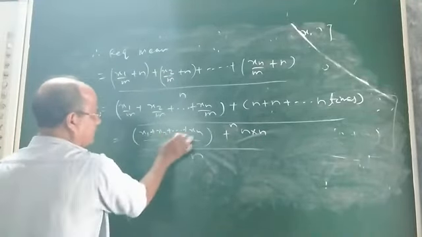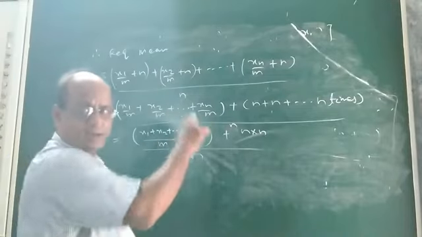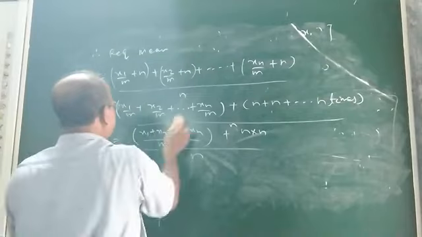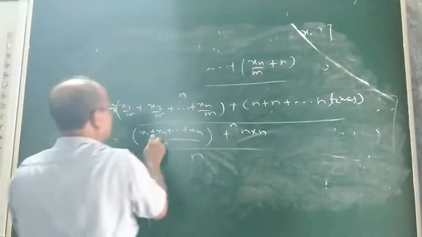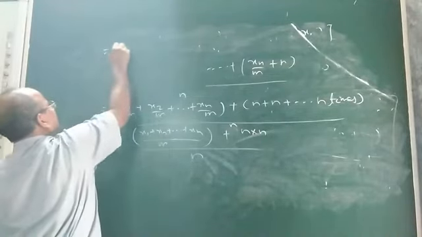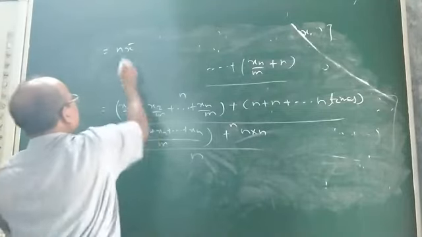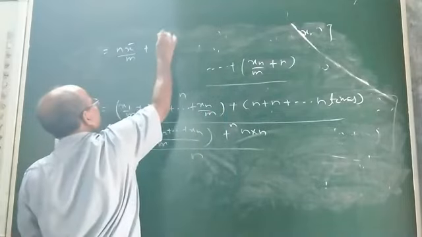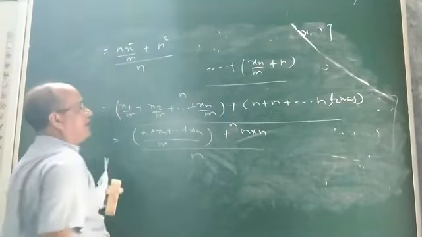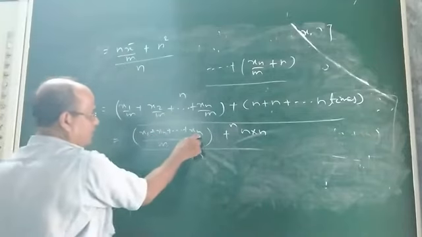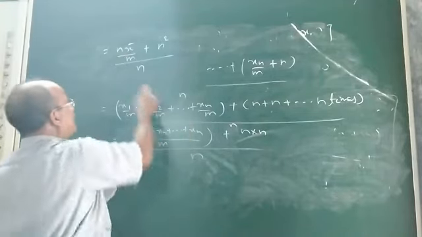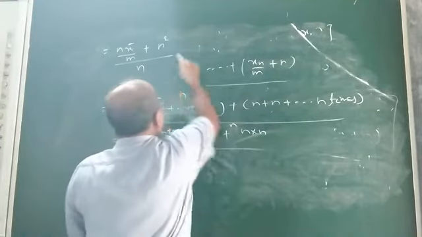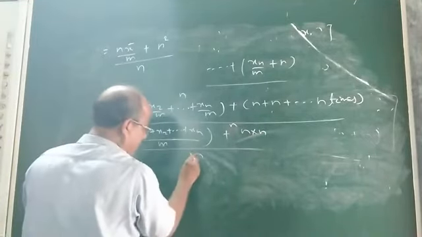Now what is the value of this? This is the sum of observations, which is equal to n x bar, already we have derived. So in place of this we write n x bar by m plus n into n, that is n square, whole divided by n. Further simplification: this will be equal to n x bar by m plus n square, whole divided by n.